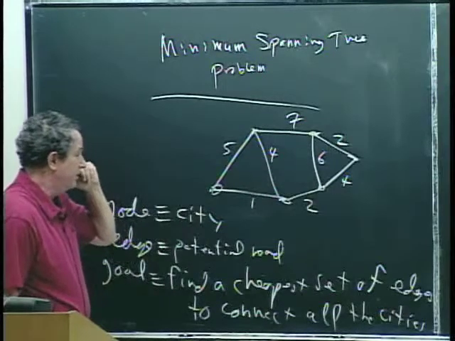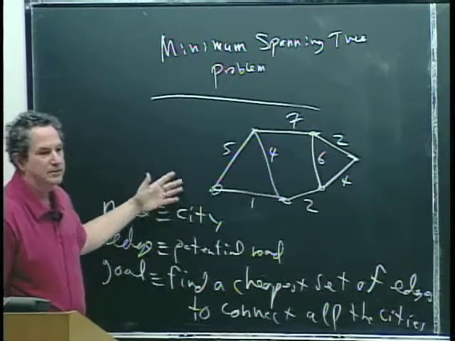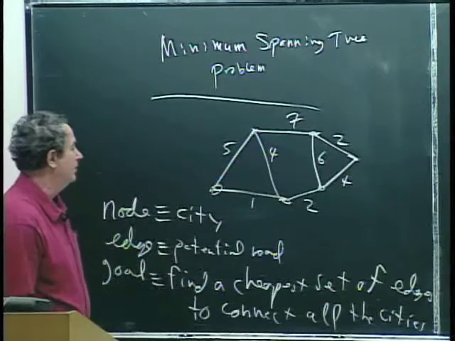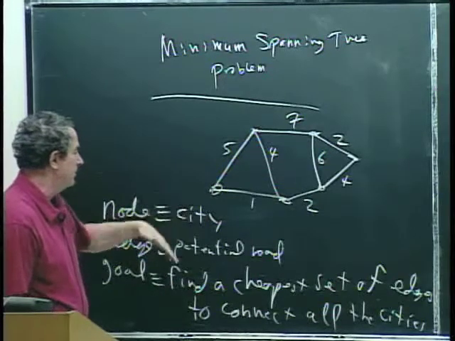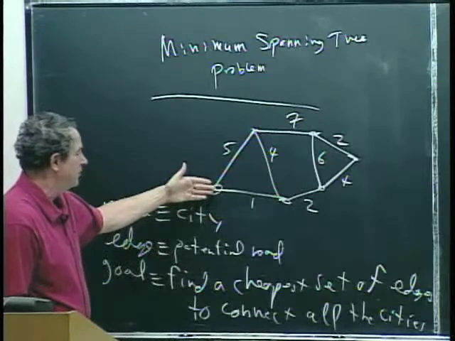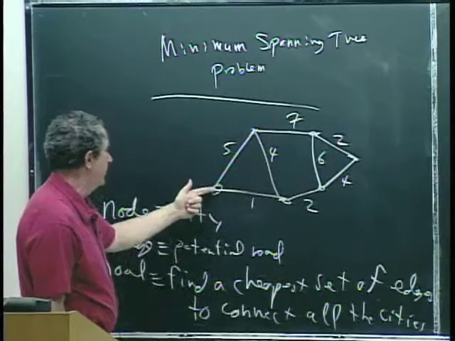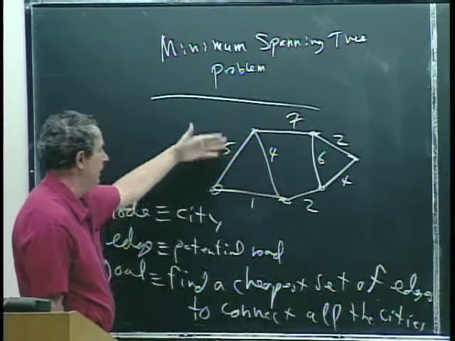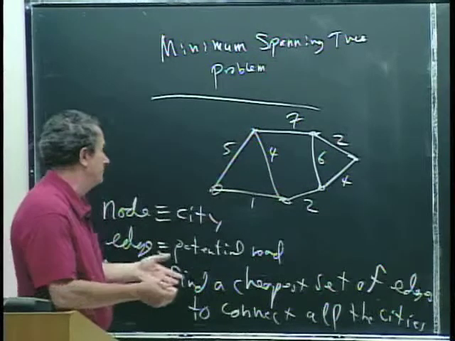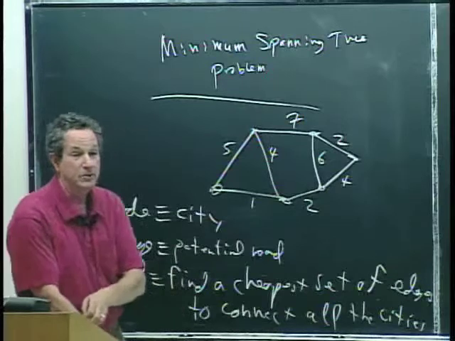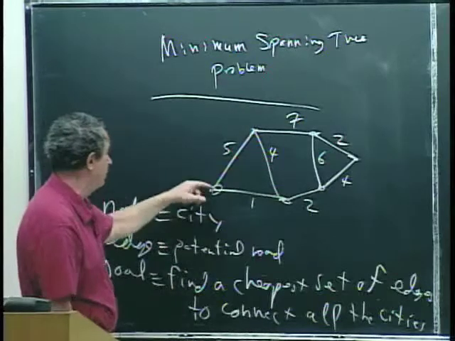And there are lots of other little interpretations you can come up with for this kind of problem. You could think of each node, again, as some destination. The edges here, let's say, are now not roads, but fiber links that you could install to communicate from here to here.